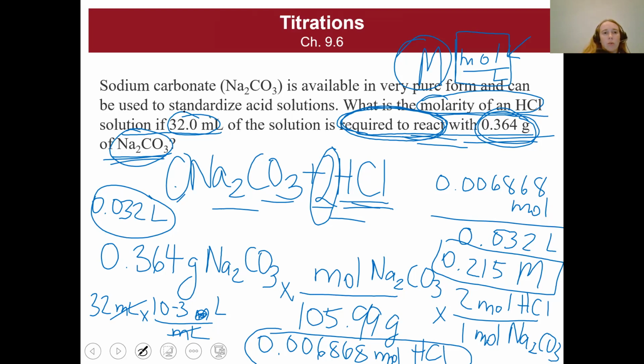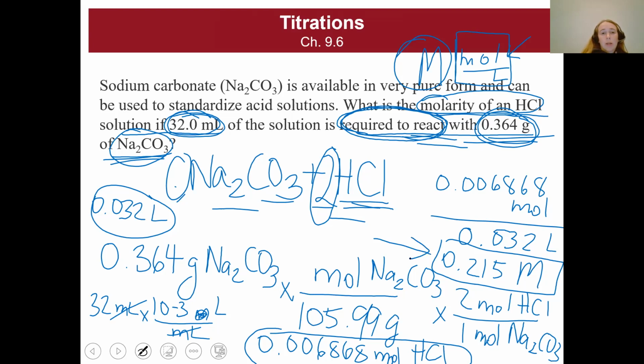And we were given a volume, so we could calculate molarity using moles and volume. So hopefully that made some sense to you. You can watch this as many times as you need and work it out yourself. You can change the numbers if you want to practice, but that is our final concentration for this reaction.